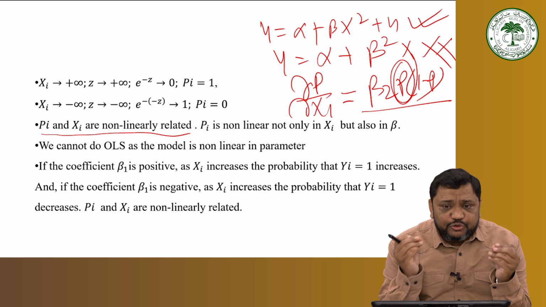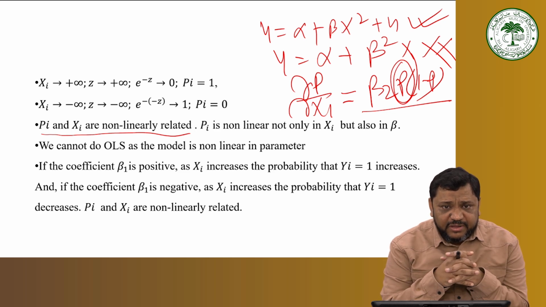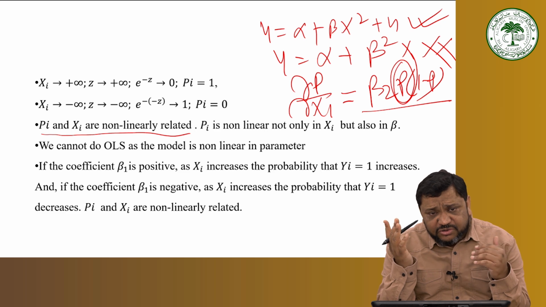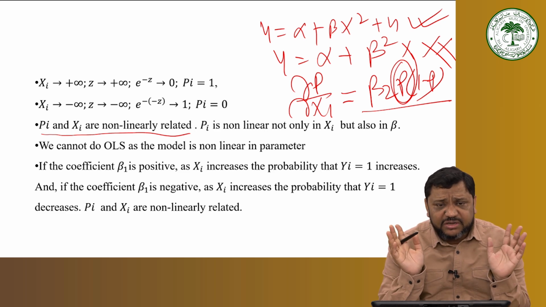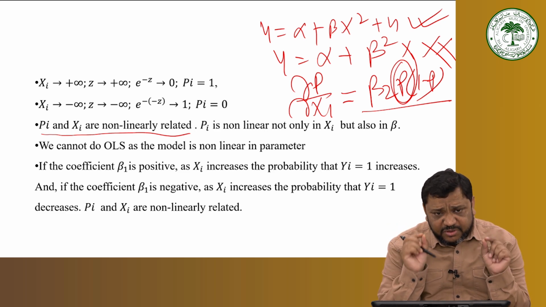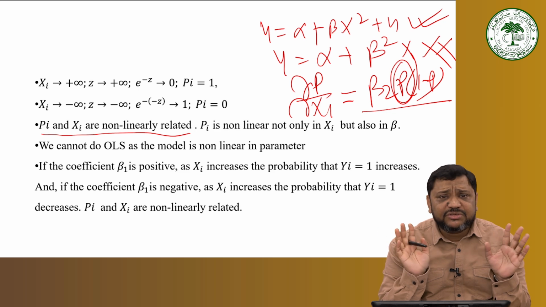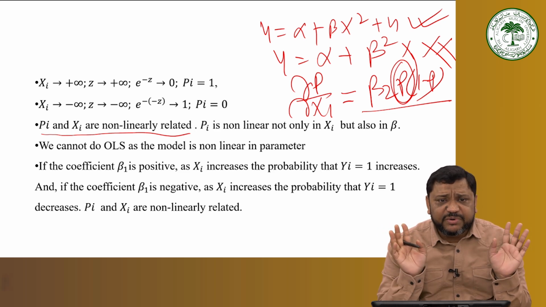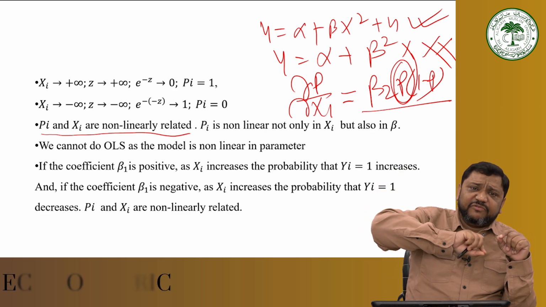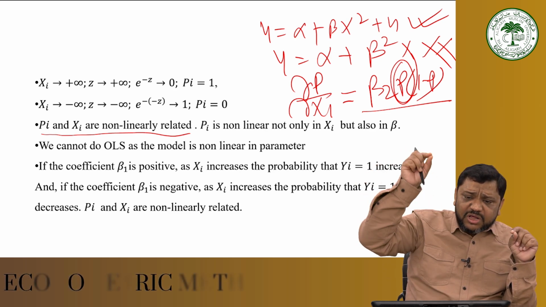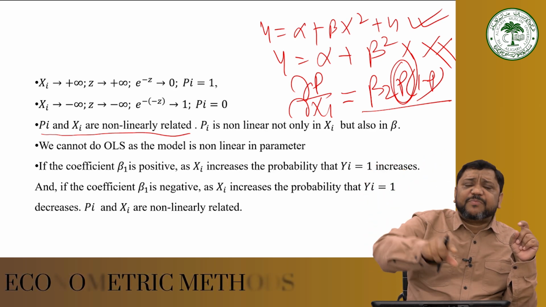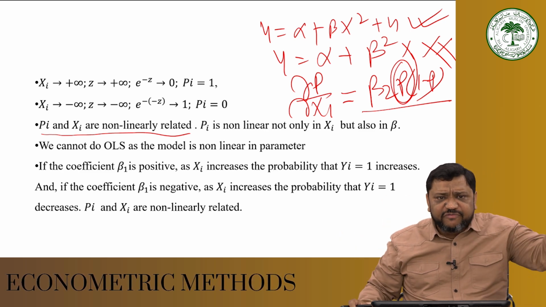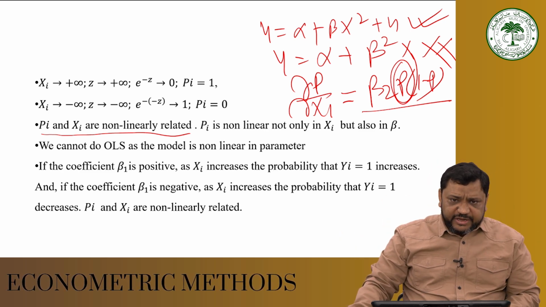So those two issues of the linear probability model, that your value may extend beyond 0 and 1: here we are saying, okay, let it extend beyond 0 and 1, but the probability will not extend beyond 0 and 1. First thing. Second thing, there is no linear relationship. It's not that it is constant. In the linear model, the value of beta 2 is constant throughout. Here the value of beta 2 depends upon p times 1 minus p. So as the probability changes, your value of beta will change.